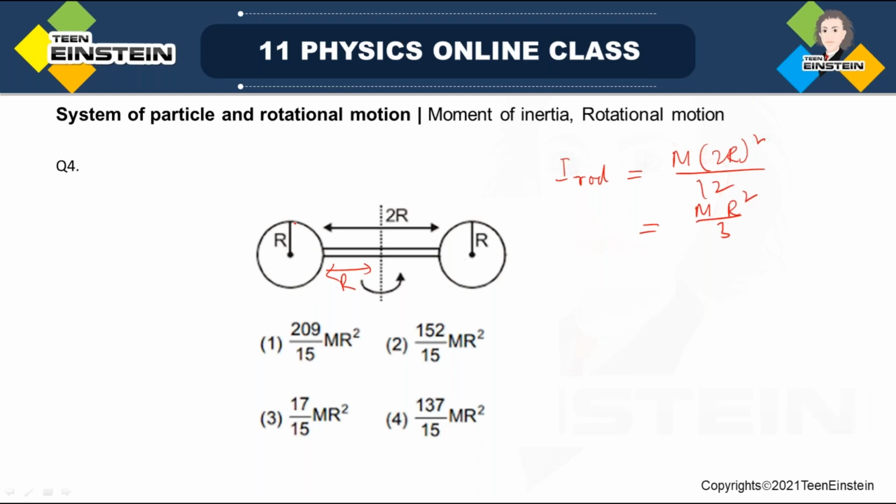The axis is parallel to their diameter here, so each will contribute to moment of inertia: 2 by 5 m r square plus m r square, by the parallel axis theorem. So 7 by 5 m r square. Each of them will contribute this.